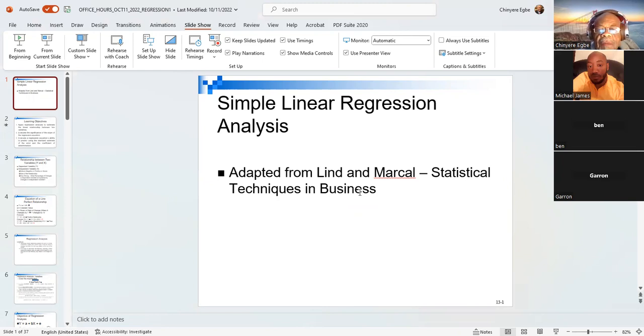The time of arrival to work is dependent on the mode of transportation. And so the time that it takes to get to work is called a dependent variable. And those factors or those variables that affect how long it takes are called the independent variables.